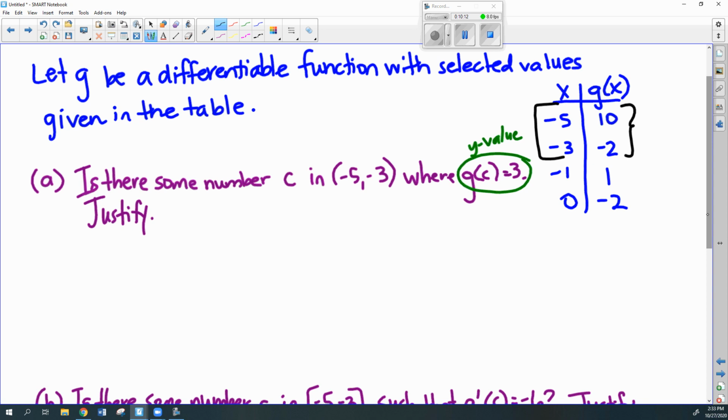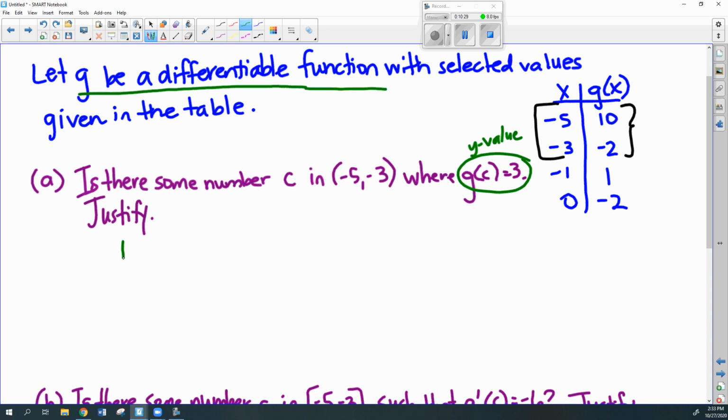So I have to somehow prove that this function is continuous first. Well, think about what the stem told you. It told you that g is differentiable.